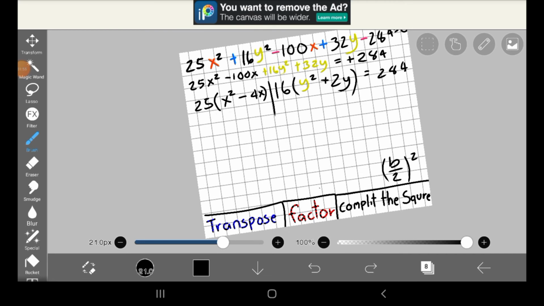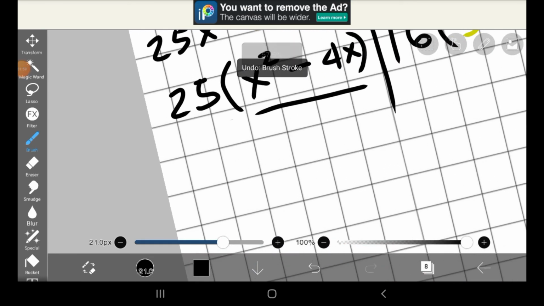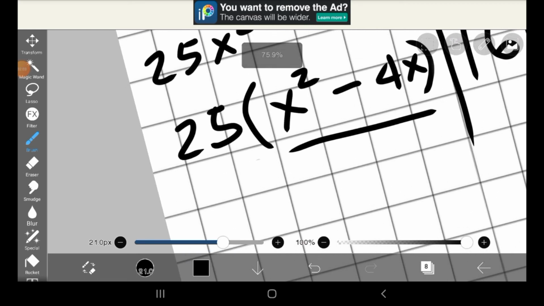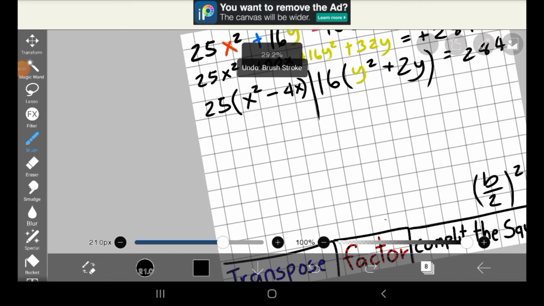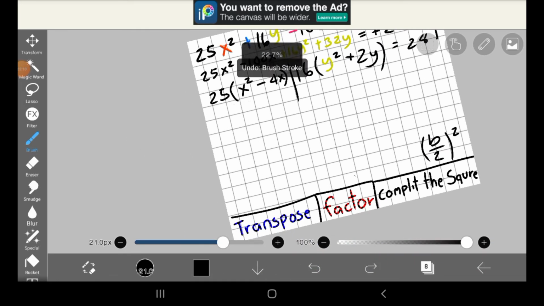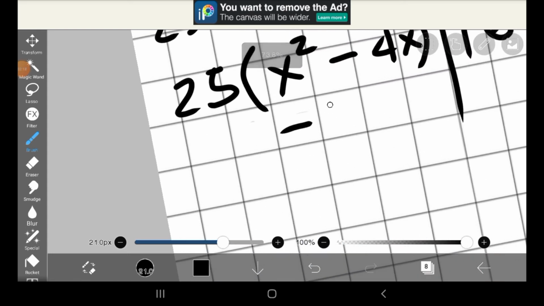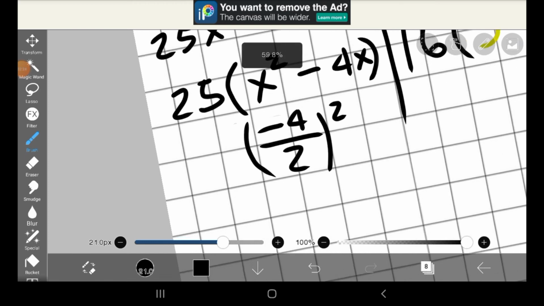Now, we can use completing the square, so we can find the constant of the x terms and the constant of the y terms. Just like before, we will take the b, divide by 2, and then square it. Our b here is negative 4, divided by 2 and squared.